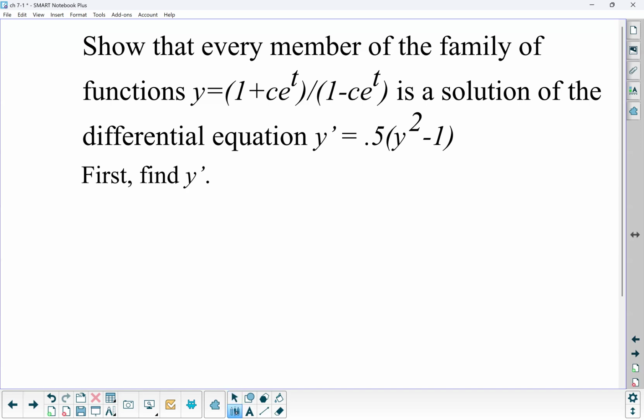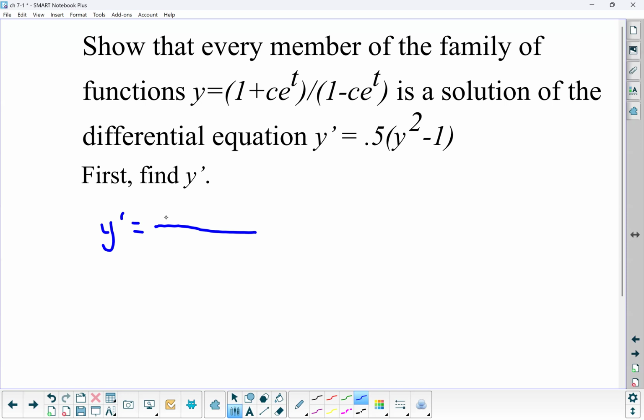So y prime, we've got a rational function with t as its variable. We're going to have to use the quotient rule. So great thing about differential equations, we get to review derivatives.